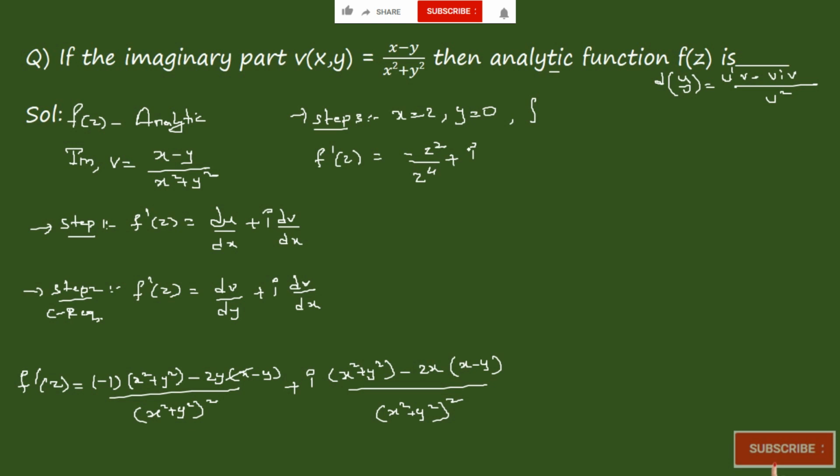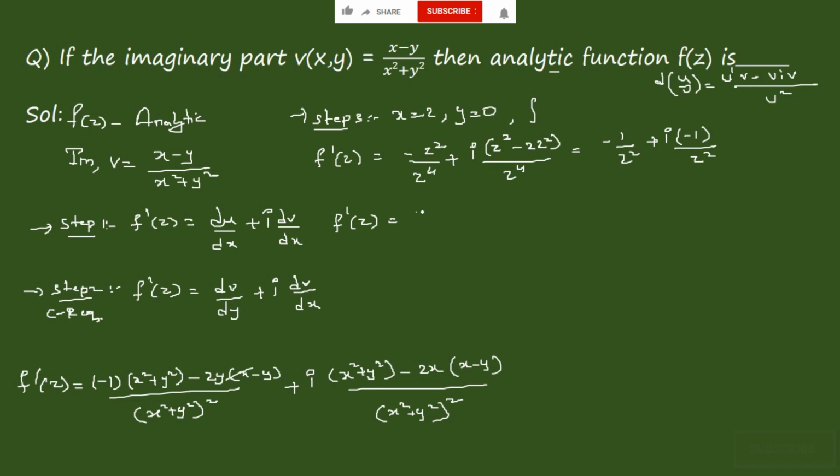Plus i into z square minus 2z square by z power 4, which is equal to minus 1 by z square plus, this one becomes i into minus 1 by z square, right? So we got f dash of z is equal to minus 1 by z square into 1 plus i, right?